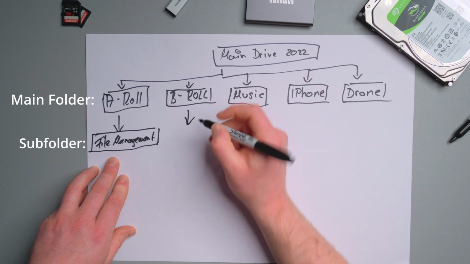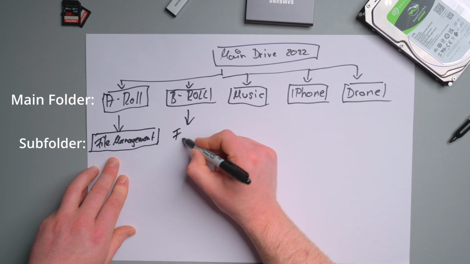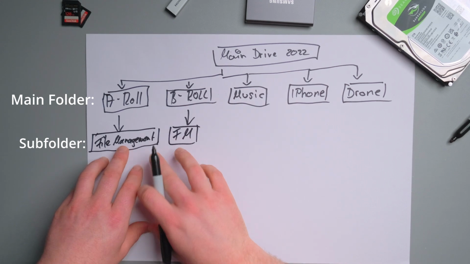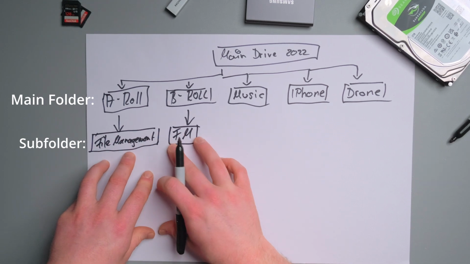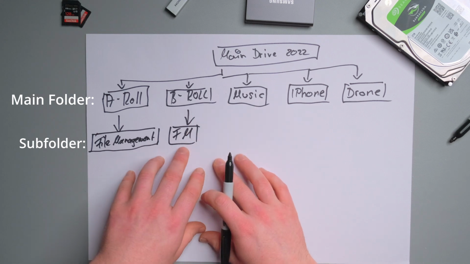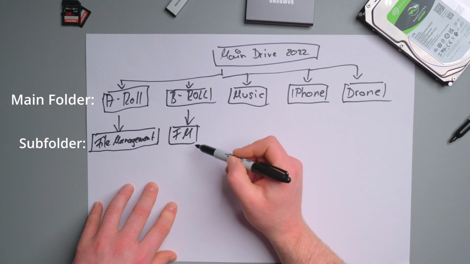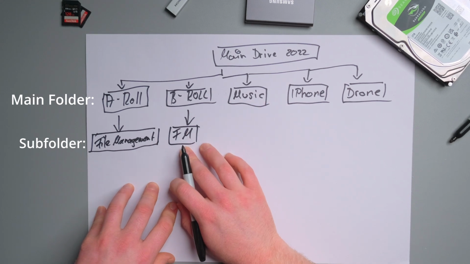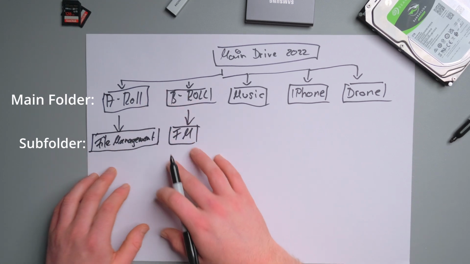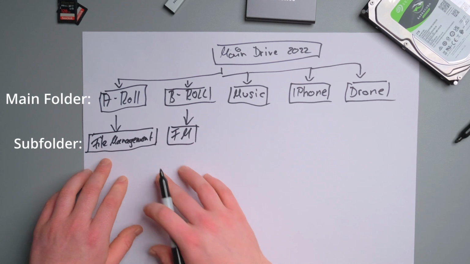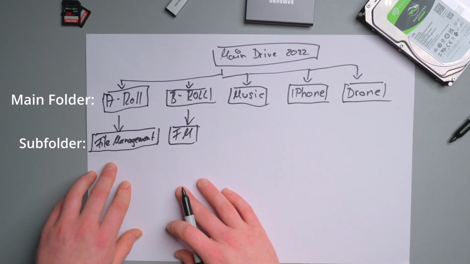With the B-roll it is exactly the same. I call it now FM for file management. Both folders, even if it's A-roll and B-roll, got the same subfolder. So if I need the B-roll for the file management, I just jump into my B-roll folder, grab my file management B-roll and put it into my video. If I need the A-roll file management head talking shot, I jump into my A-roll, into my file management.